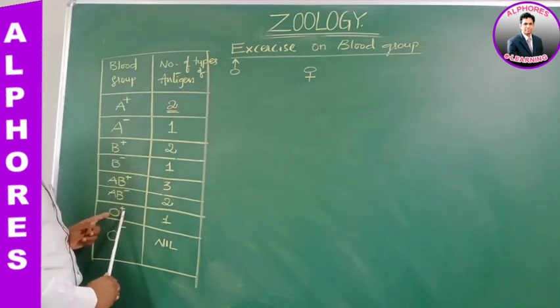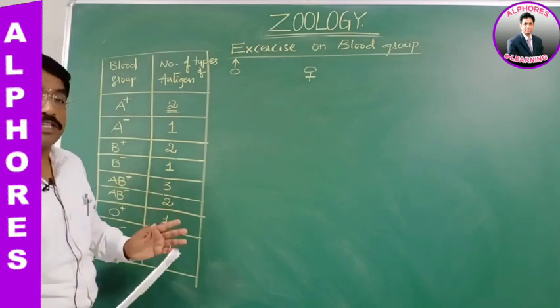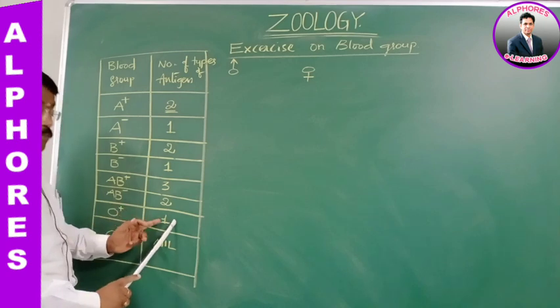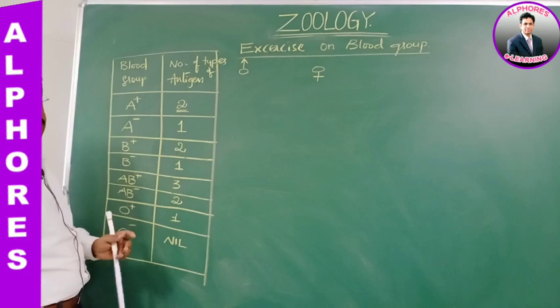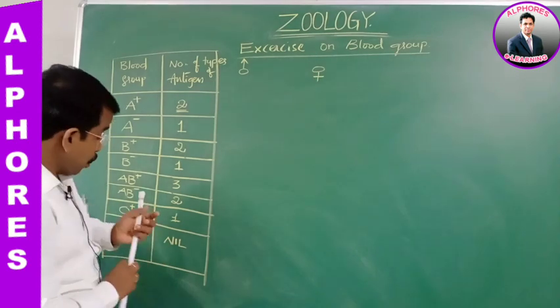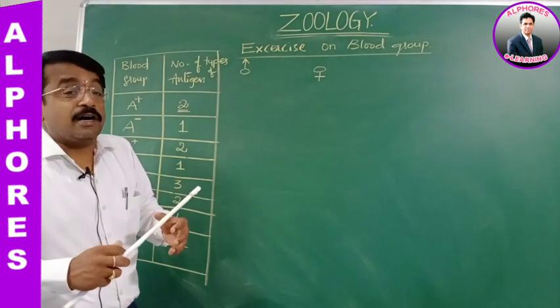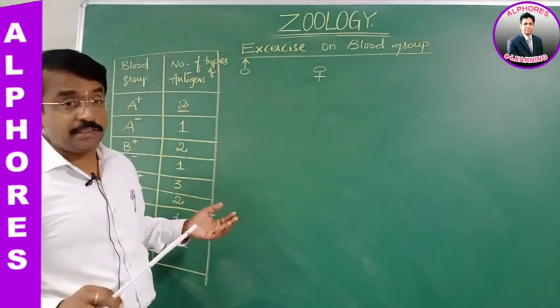O positive is naturally, in the ABO grouping system, an O blood group without antigen. But here it is with the RH antigen. So the number of antigens is 1 and O negative is nil. So O blood group is without antigen. If the majority of the population is RH positive, is it right?